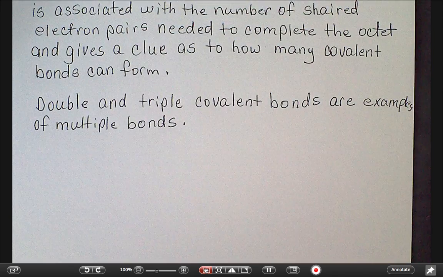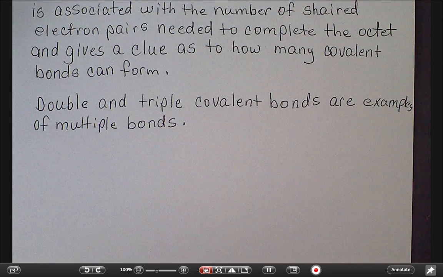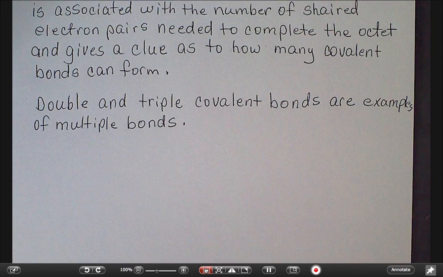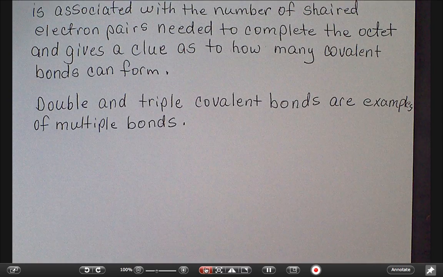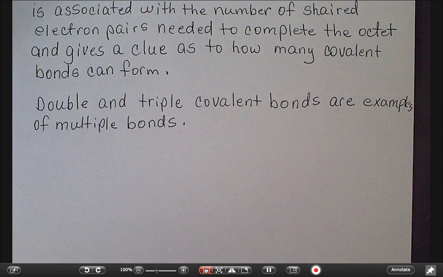So everything I just showed you on yesterday's notes is not what we call a double and a triple. And that's the point I wanted to make. They were single covalent bonds.